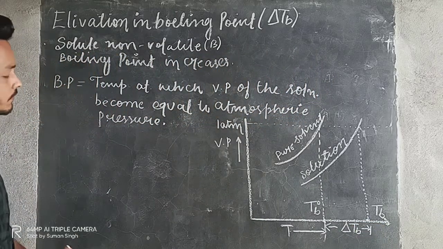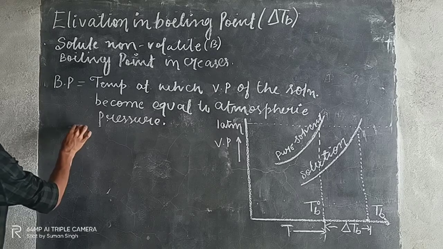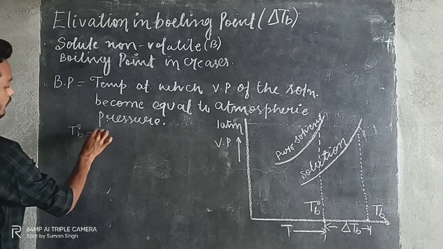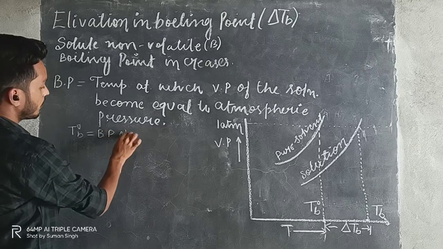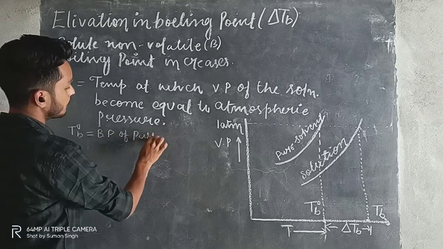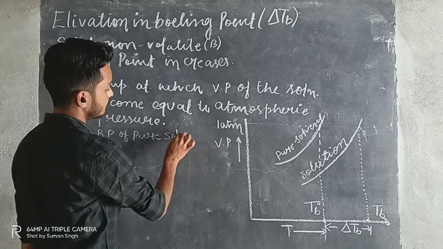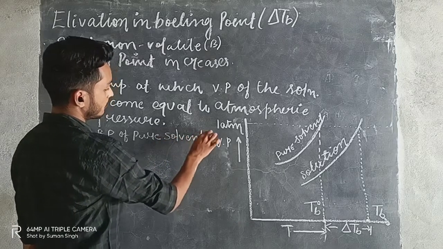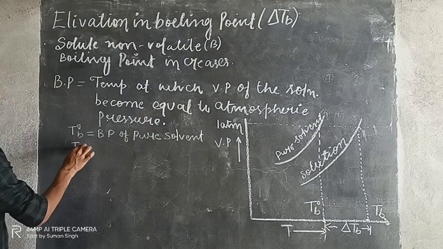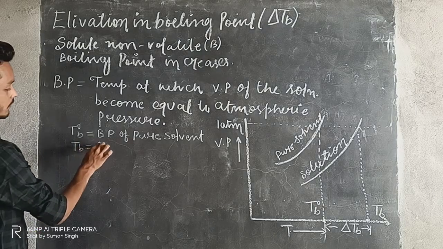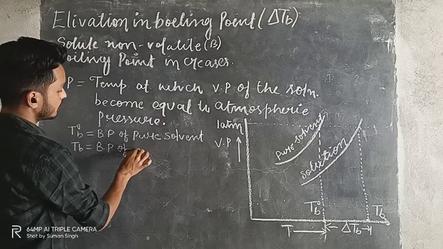So here T naught B is the boiling point of pure solvent, and TB is the boiling point of solution.